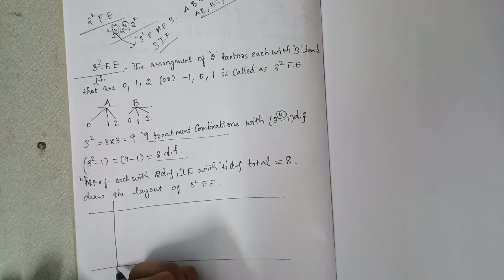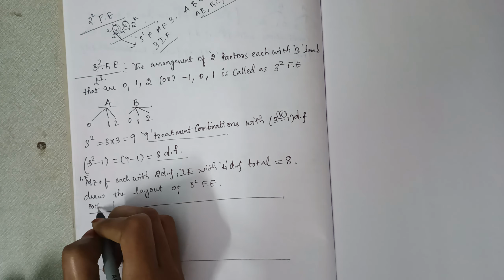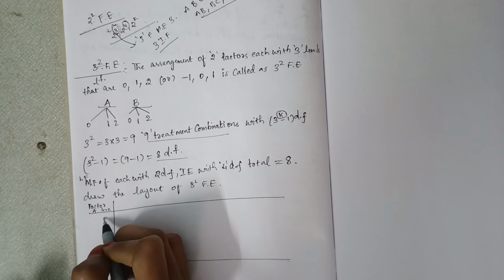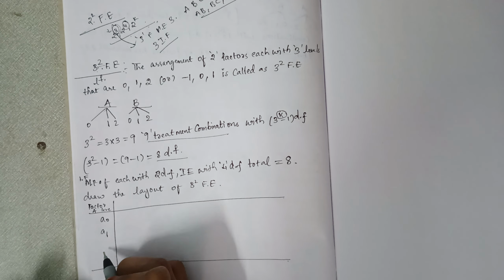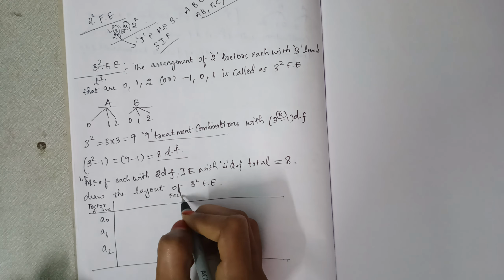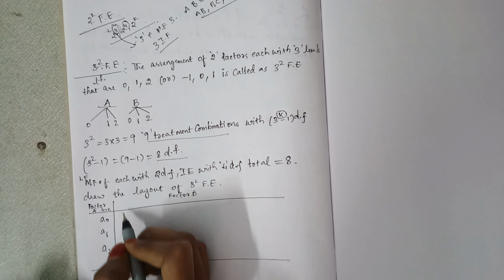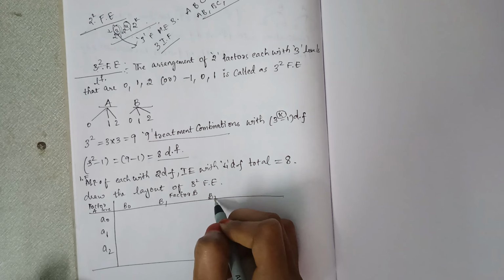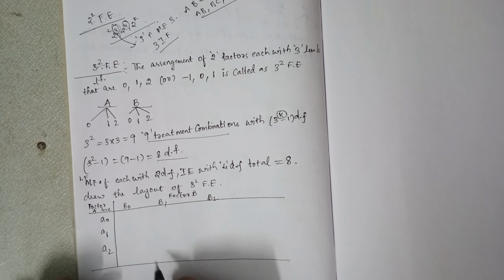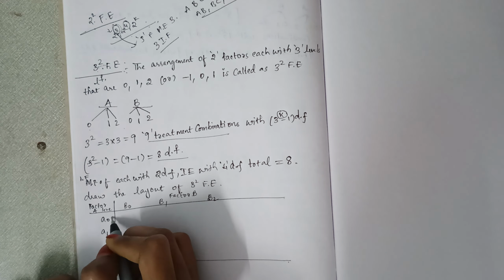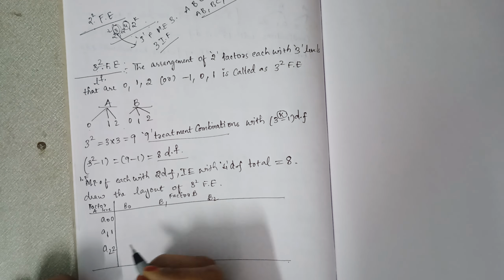This is the factor A and the levels we can write as A0, A1 and A2. And this is factor B, which has the levels B0, B1 and B2. So we denote the levels as 0, 1 and 2, right? So 0, 1 and 2.